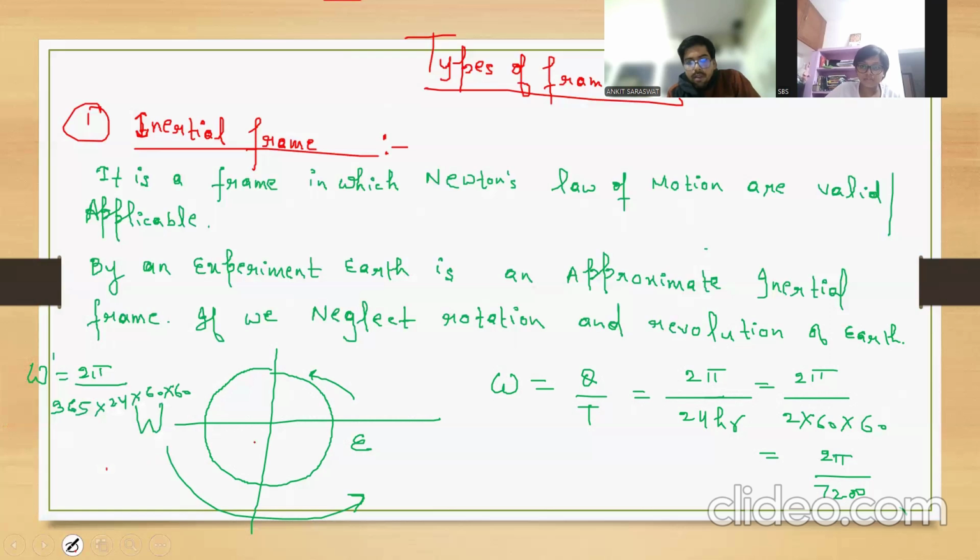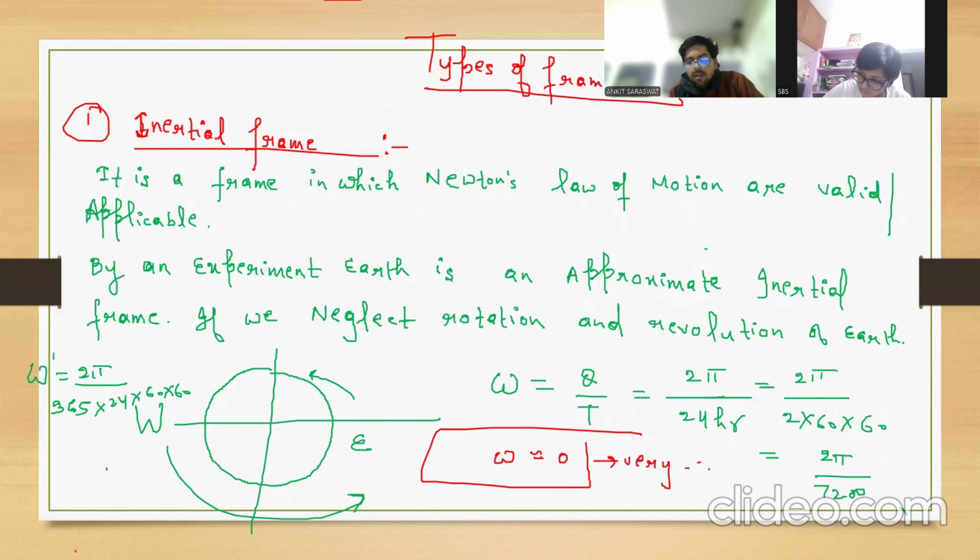Now, if you find these values, this omega is approximately tending to 0. I'm not saying completely 0, but it is very, very small. That is why we are considering Earth to be an approximate inertial frame. It is not, but it moves very slowly. You can't observe its motion that much, okay?